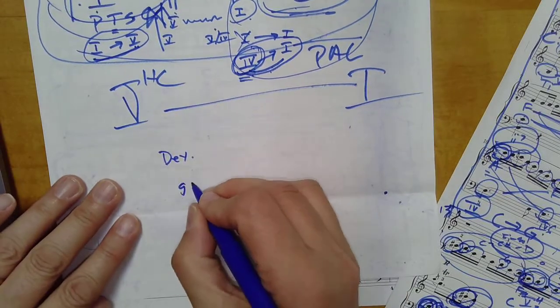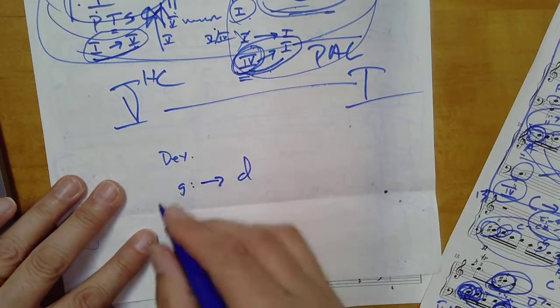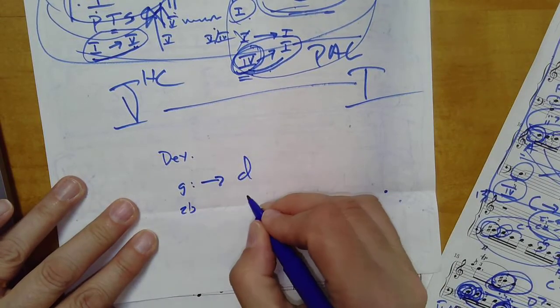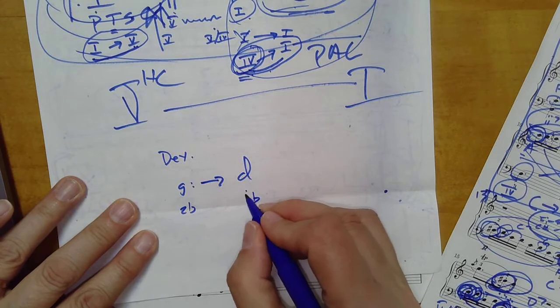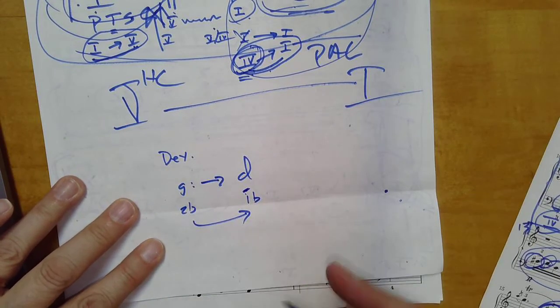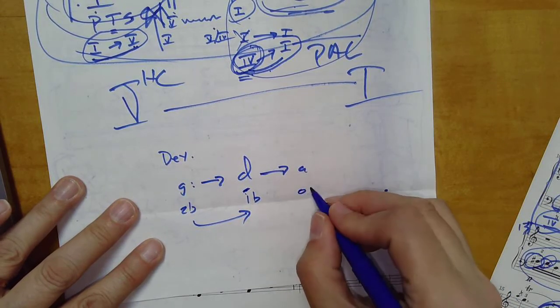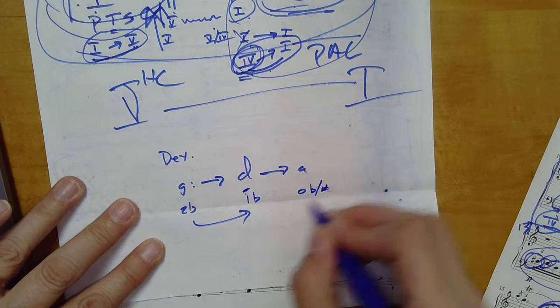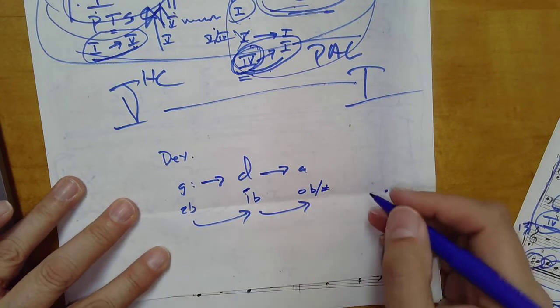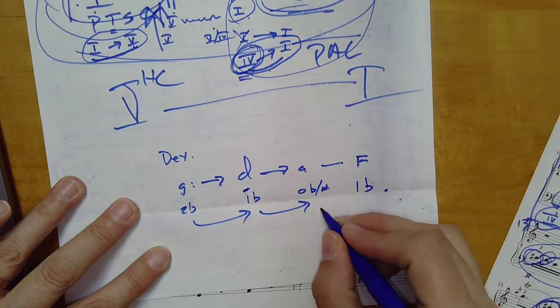It starts in G minor, okay, and then it goes to D minor. You know how this is 2 flats, this is 1 flat. So that's closely related, easy to modulate to. And then it goes to A minor, which is 0 flats and sharps, again, closely related. And then we come back to F major, which is 1 flat.